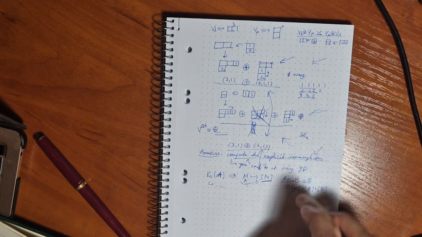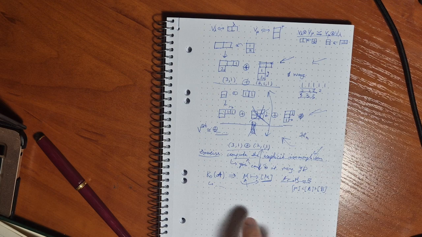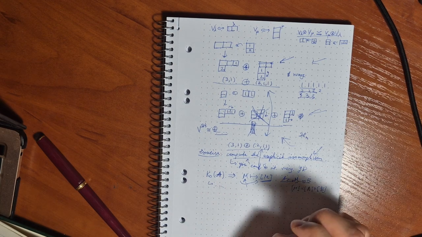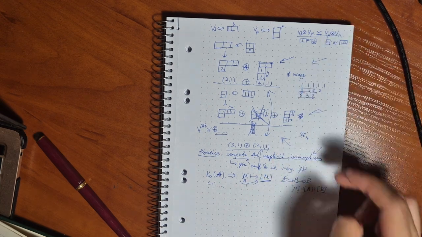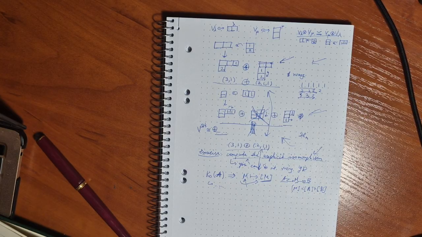And when I see this, holy, if I didn't know about Grothendieck groups and just did this, I think this Young diagram thing might have been just something like entertainment.